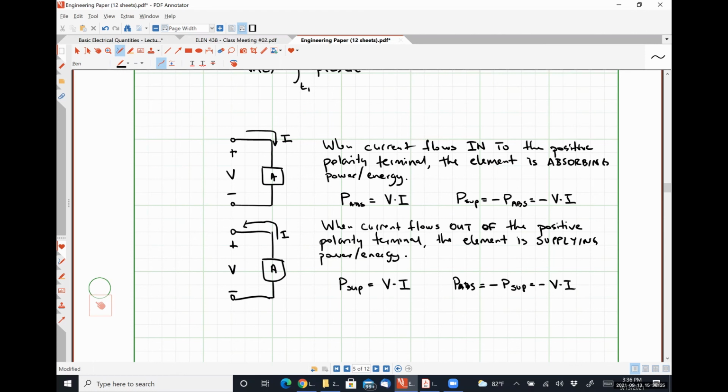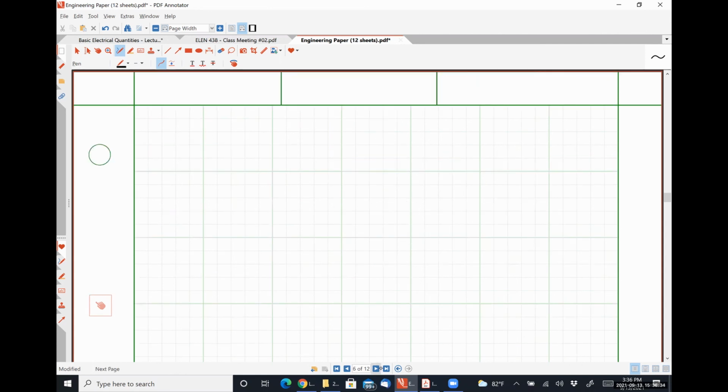What I would like to do, if at all possible, is finish this problem in the next 10 minutes or so, so that we can spend the rest of the class time doing the lab.